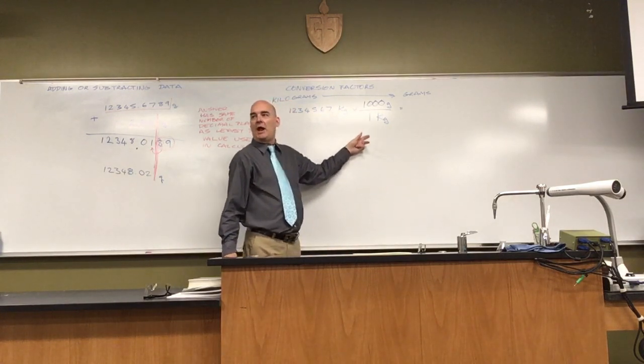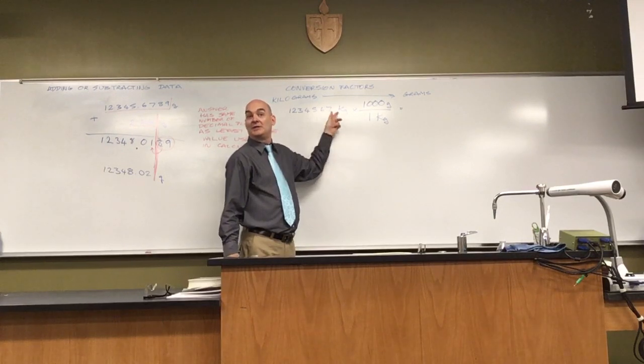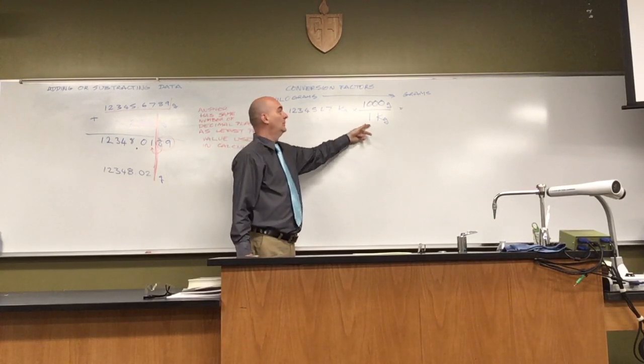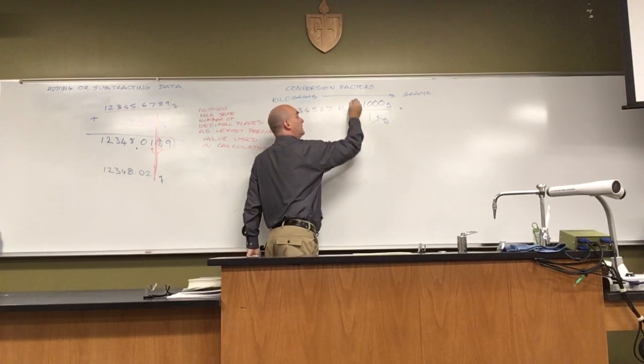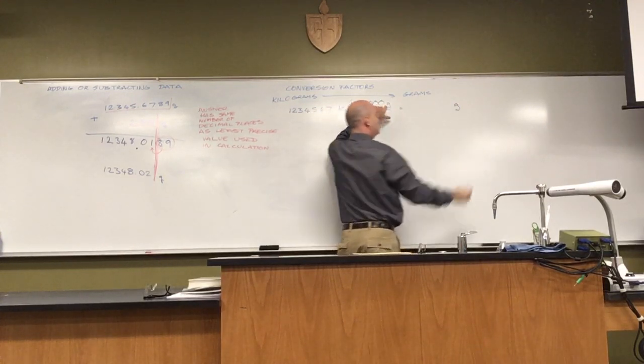If I write the kilogram at the bottom, that value kilograms and this value of kilograms, they now cancel each other out. Gone. And my answer on the top line is now in grams.